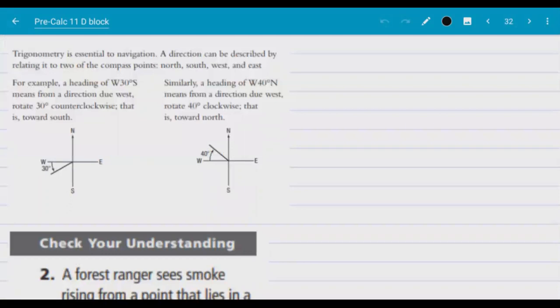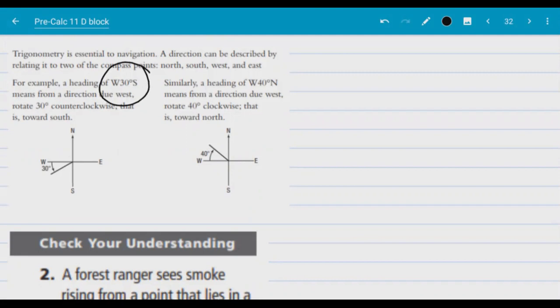Trig is essential to navigation. A direction can be described by relating it to two of the compass points: north, south, west, east. For example, a heading of west 30 degrees south tells you that if you were to go west, because W comes first, you will then go 30 degrees to the south.